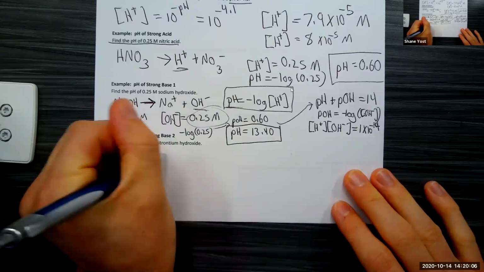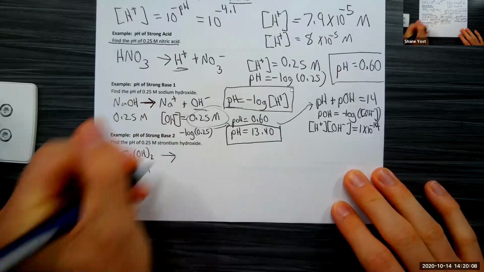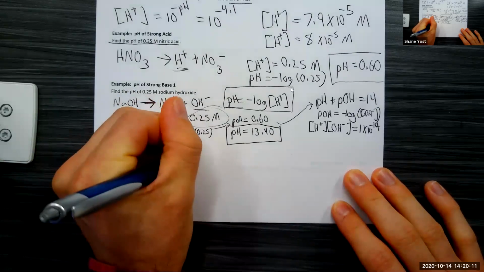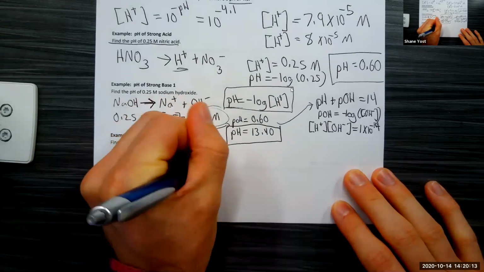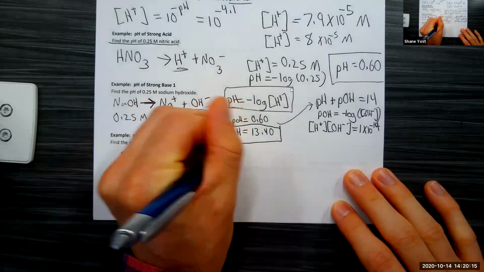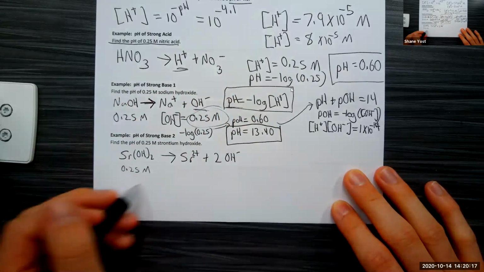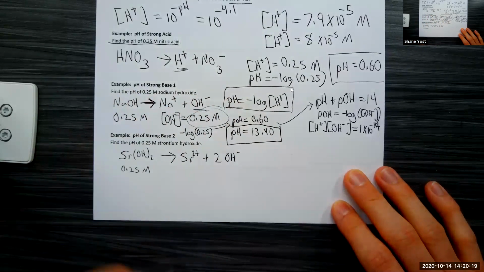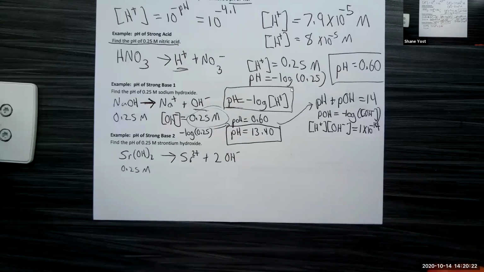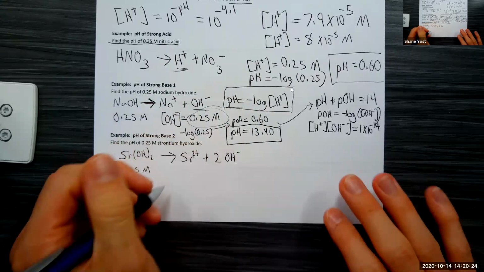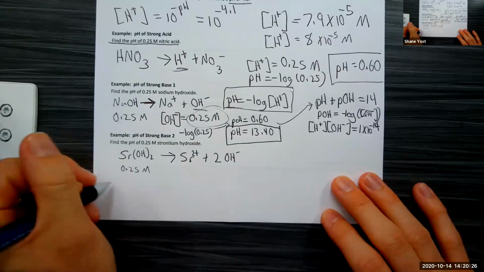All right, so for this strong base, strontium hydroxide breaks apart into Sr2+ plus 2 OH minus. If I start off with a 0.25 molar solution of strontium hydroxide, when this fully dissociates, what is my final concentration of OH minus in solution?